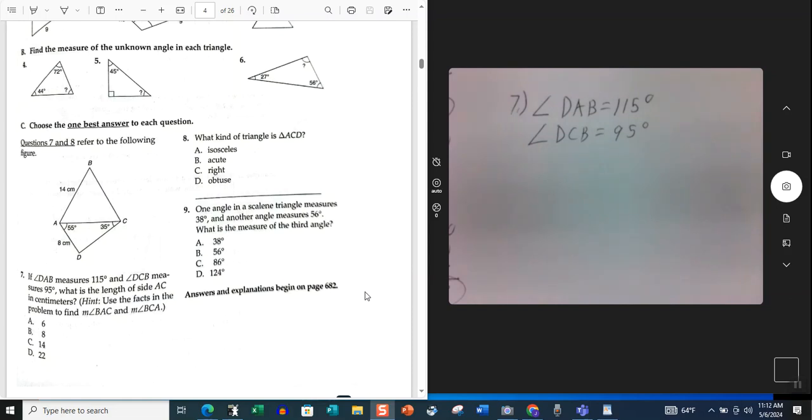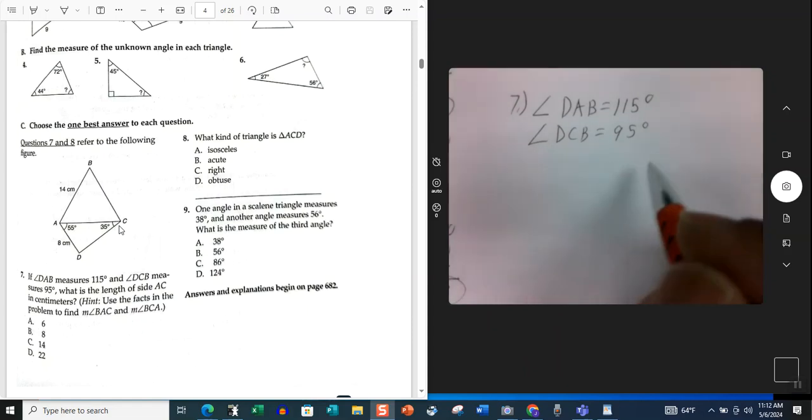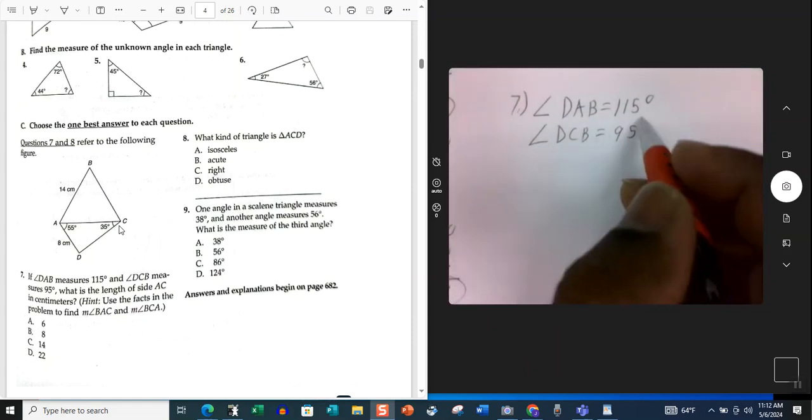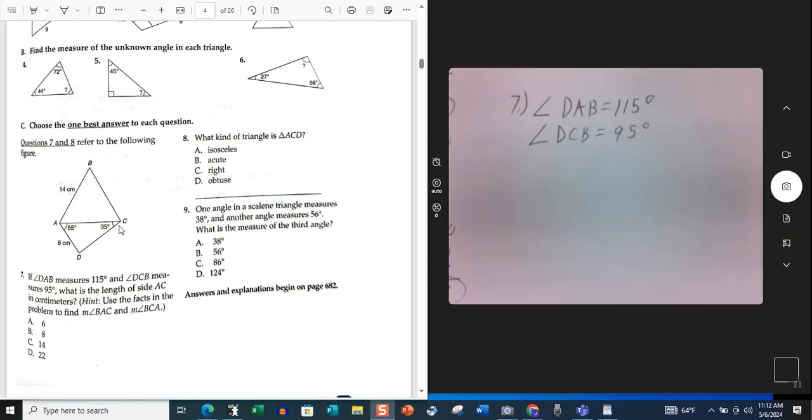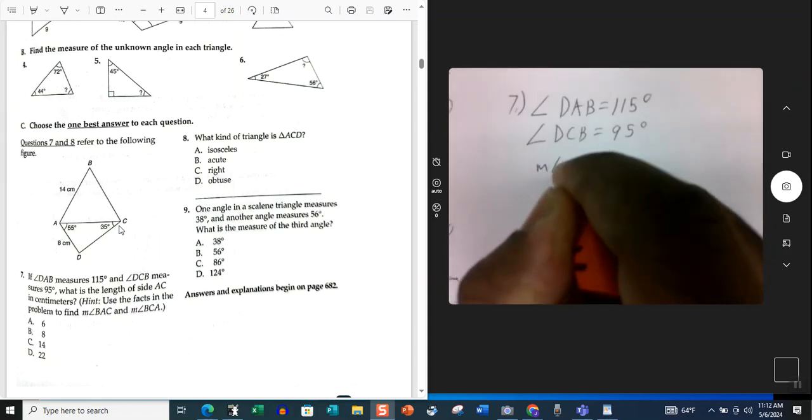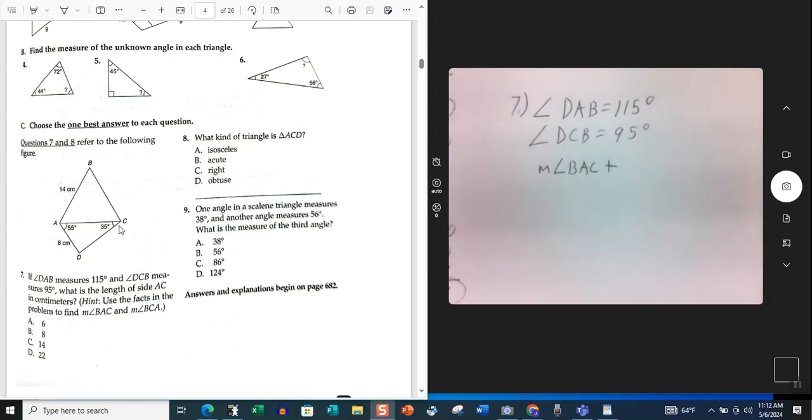What is the length of the side AC in centimeters? Okay, now let's take a look at angle BAC, because we don't have the angle for BAC or BCA. So let's find those angles, because that will help us out. So we know that angle DAB is 115 degrees. So we take the measure of angle BAC and then add the 55 degrees here, because DAB altogether would be 115.